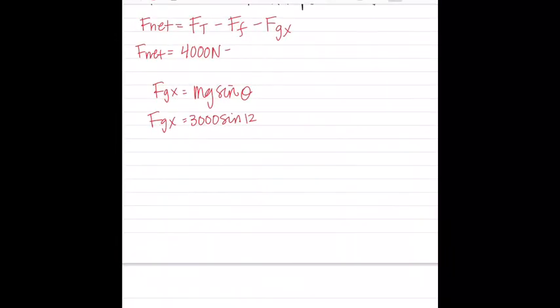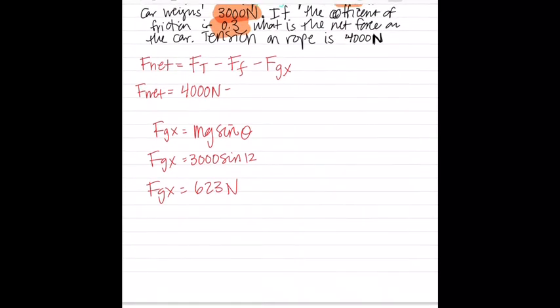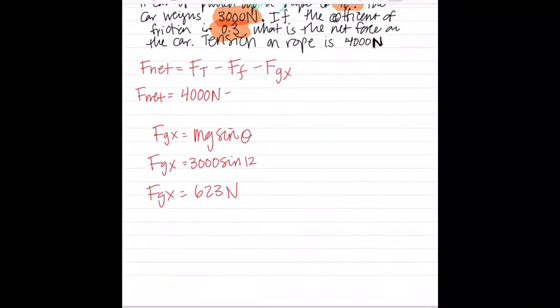Let's do whole numbers, that's fine. So Fg of x is 623 newtons. Now, this doesn't have to have a direction because this is not my end answer. I'm only looking for a direction for your end answer.